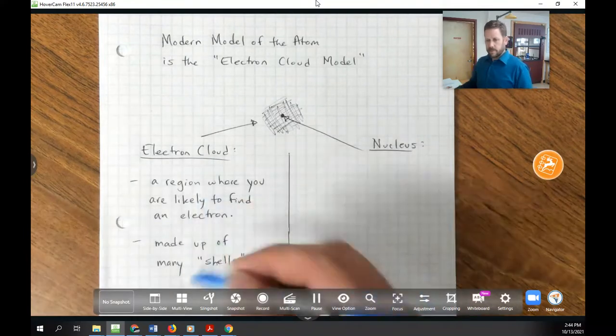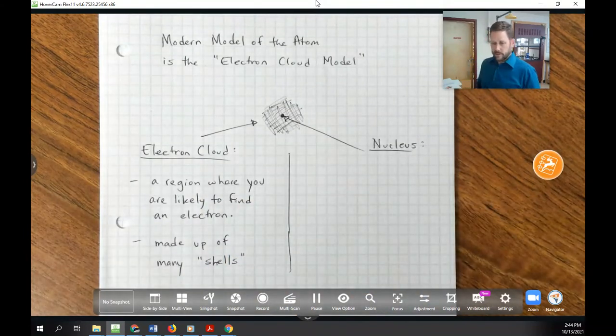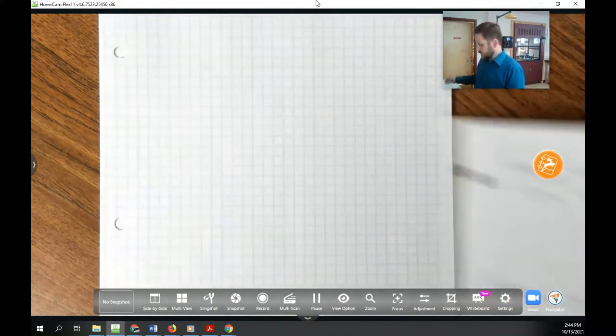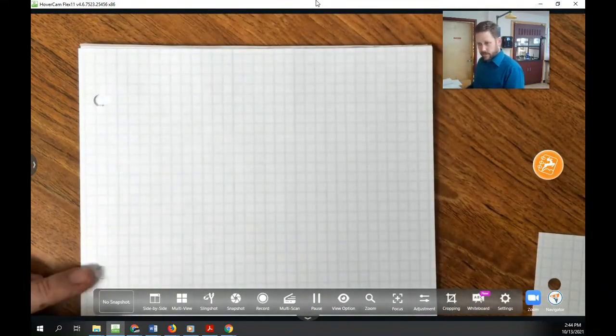So we're going to have to develop a more sophisticated model of what electrons are doing soon, but for now I'd like to just suggest one off to the side on some scrap paper for a moment.